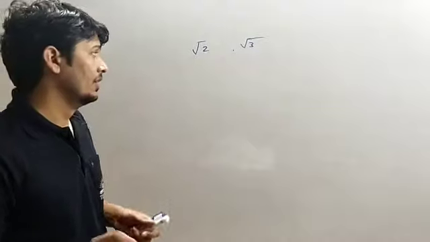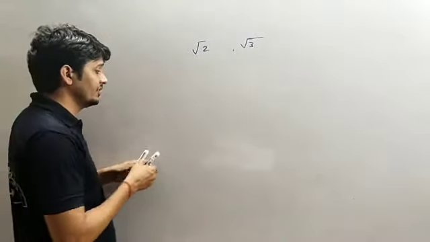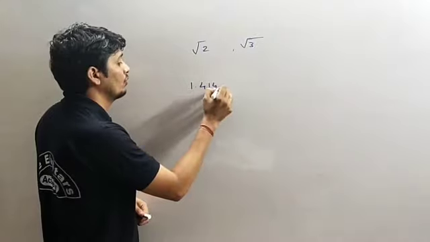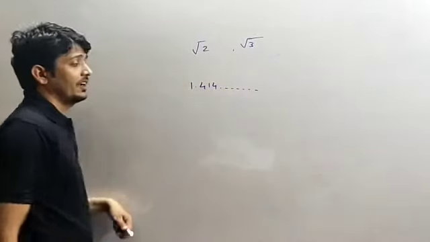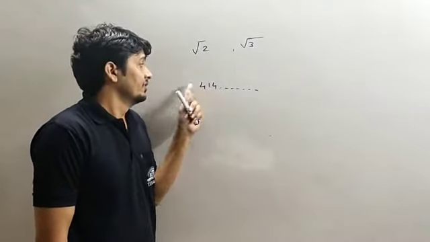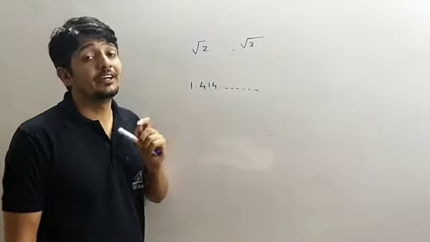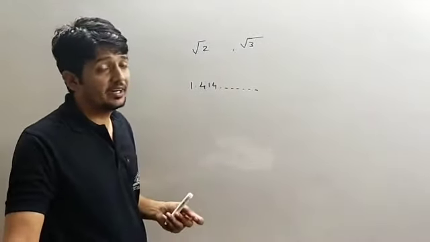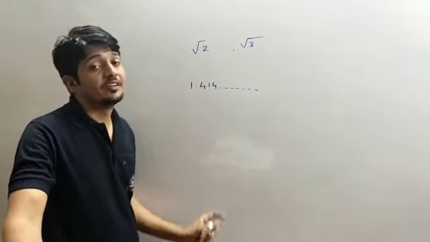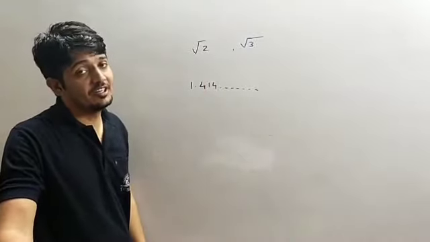The value of root 2 is 1.4141... and we get infinite digits after the decimal point. So the decimal form of root 2 is not terminating. That means we cannot represent such numbers exactly on the number line. That's why such numbers are called irrational numbers.